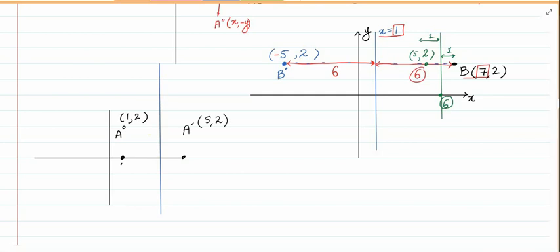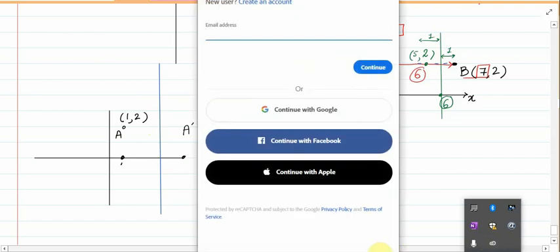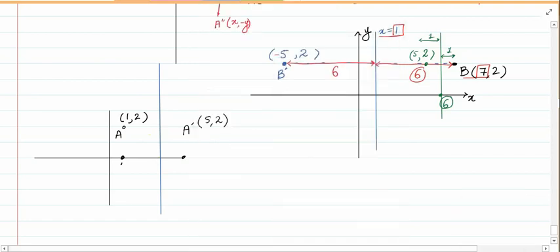Give it a try by yourself. Try whatever you understand. And then compare your answer with mine. To find the line of reflection, we are going to find the middle value of these 2 points. And how do we find the middle point? Very simple.